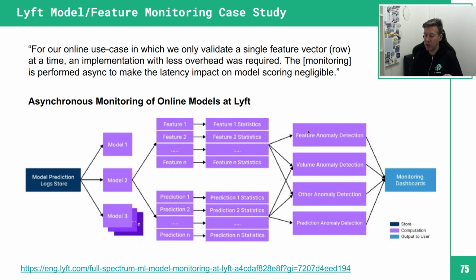So we have a feature anomaly detector, we can look at volume anomaly detection, we can have other anomaly detection, and you've got prediction anomaly detection. So there's a lot of anomaly detection here, but that's quite a useful way of identifying when there's a problem with the data. And then you can dashboard these. You put them in Grafana or some other system, and you can have alerts set up as well. This is pretty nice.